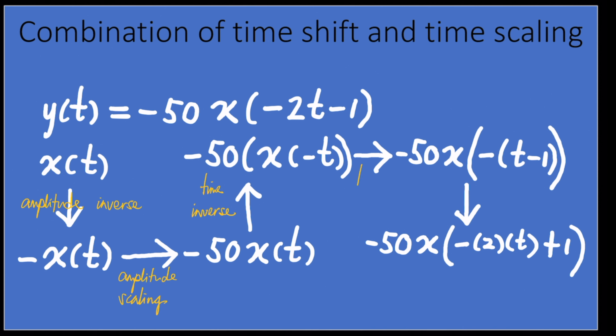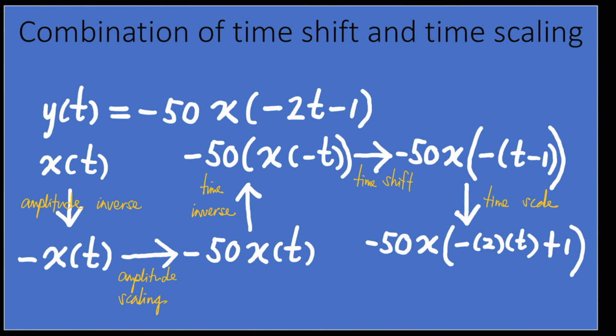So let me label again. Amplitude inverse, and then amplitude scaling with a factor of 50, and then time inverse, and then time shift with a factor of 1, and then time scale with a factor of 2.